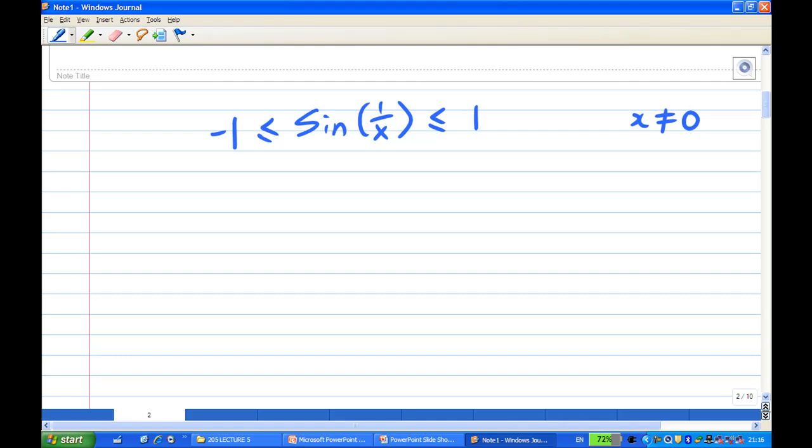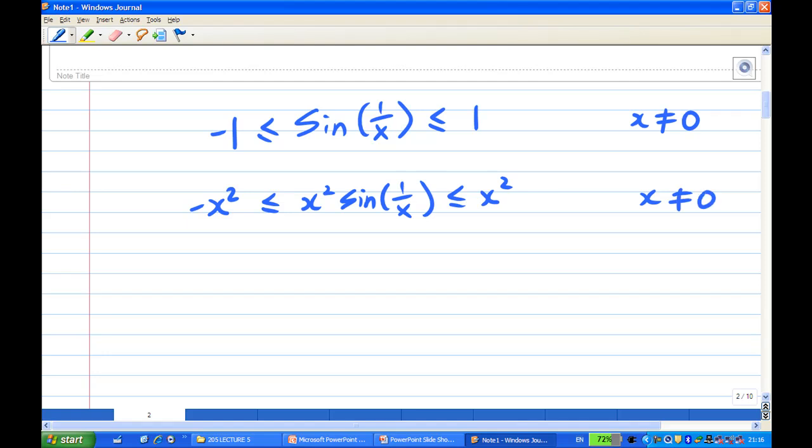This is not f(x) yet, but if we multiply everywhere by x squared, since x squared is positive, the inequality will not change. So I get minus x squared less than or equal to x squared sine of 1 over x, less than or equal to x squared, for x not equal to 0.